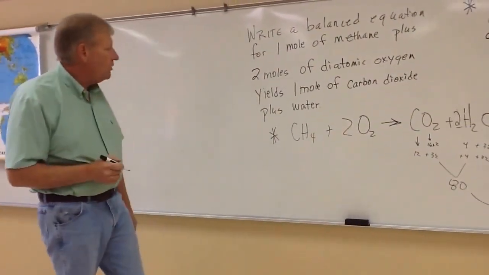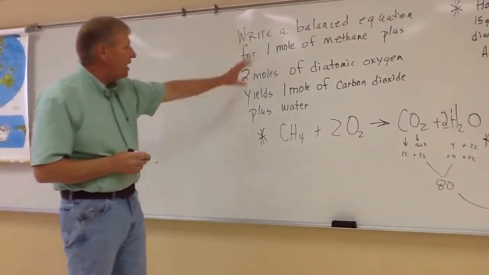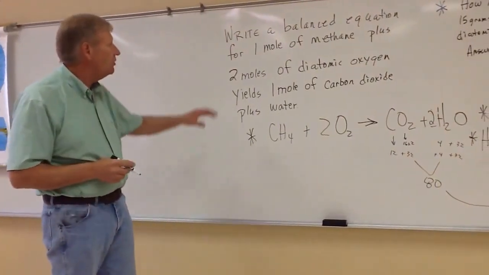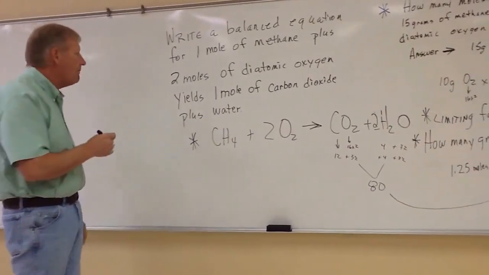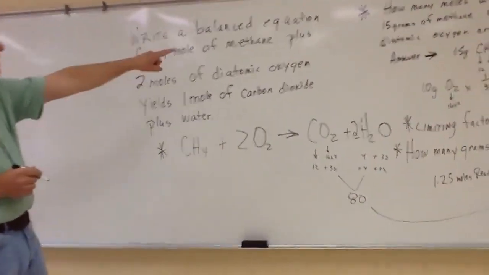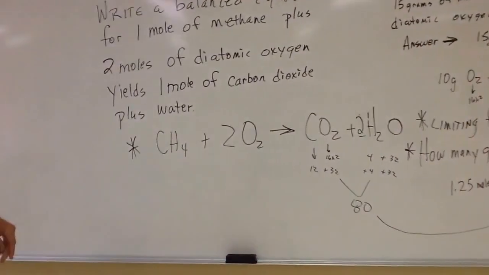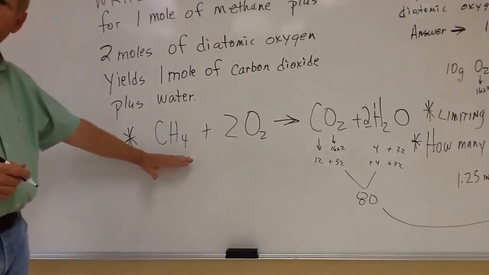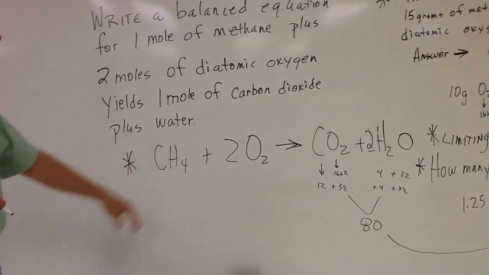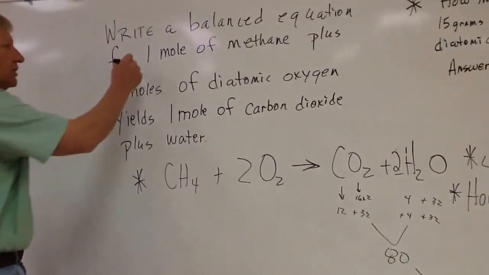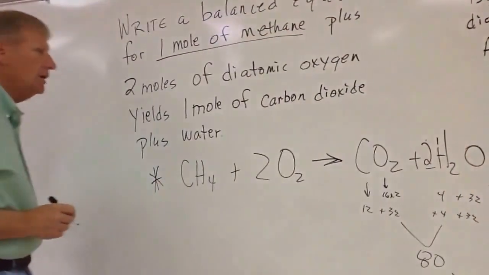Okay. So what we're doing is it says write this balanced equation. So the balanced equation is given to us in the problem. So 1 mole of methane plus 2 moles of diatomic oxygen. Methane, CH4, 1 mole, no number out in front, 1 mole of methane. So there's our 1 mole of methane.